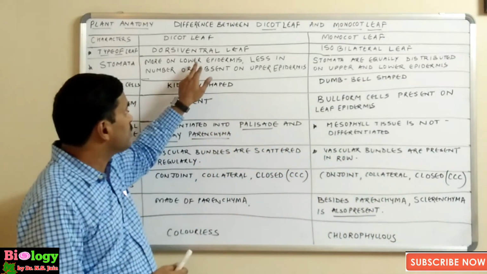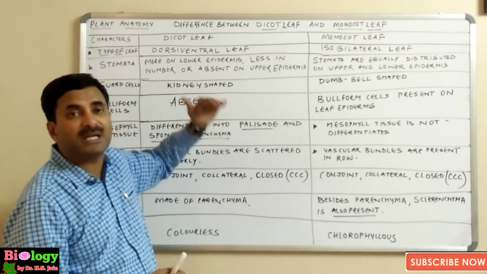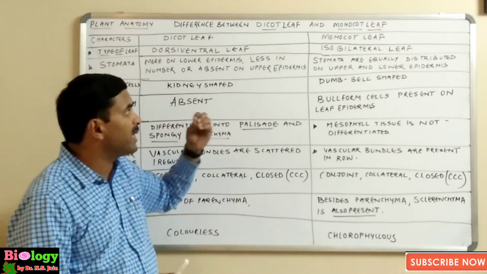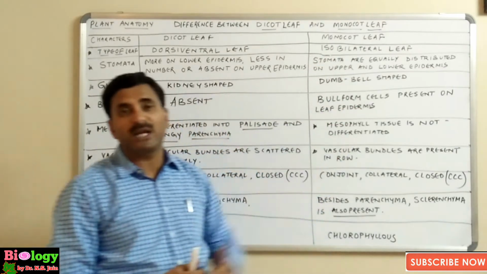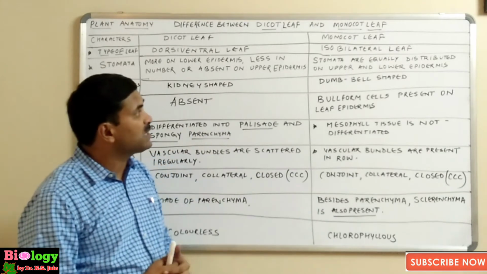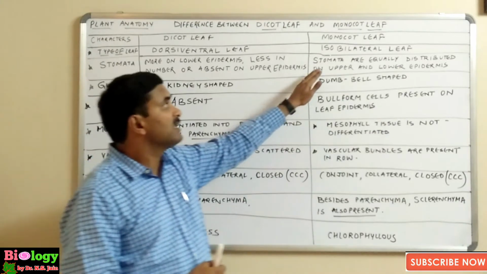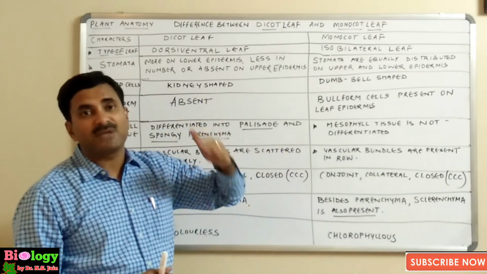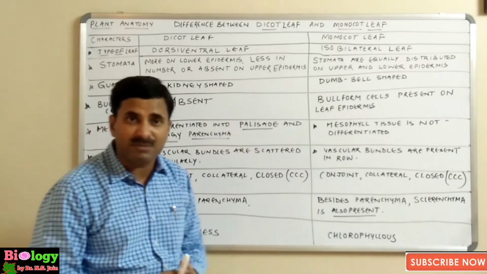So on the lower surface there are more stomata, on the upper surface the stomata are absent, or if they are present, they are present in very small number. But in the case of the monocot leaf, as we know that the monocot leaf is an isobilateral leaf and both the surfaces are similar, here the stomata are equally distributed on both the epidermis. That is, an equal number of stomata are present on the upper epidermis and lower epidermis.